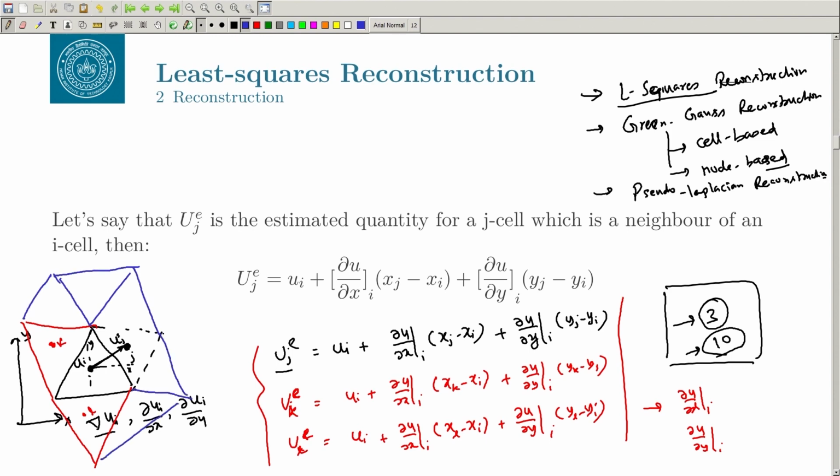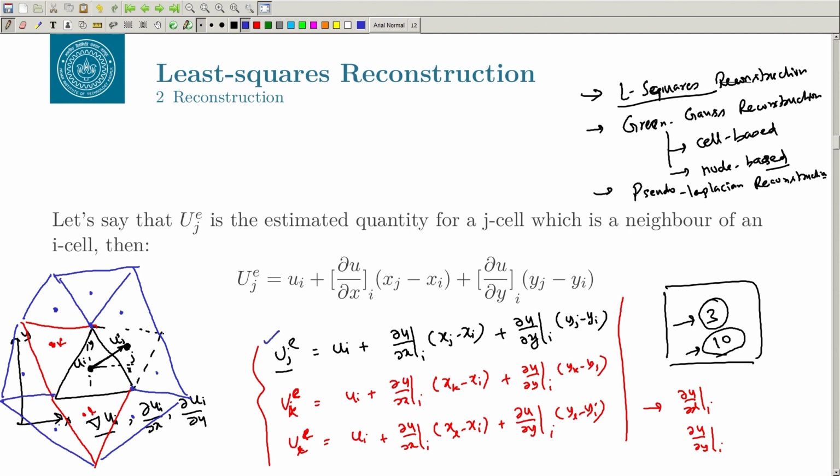These are your node neighbors, and these will also have cell centroids, and you can consider that. In that case, you will have 1, 2, 3, 4, 5, 6, 7 equations in this particular case. So you have only two unknown variables, but you have many equations. These are the estimated quantities.